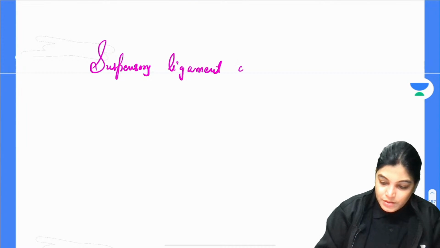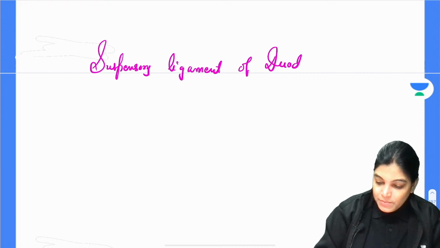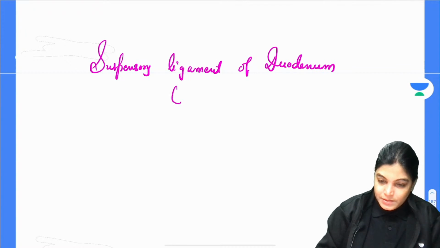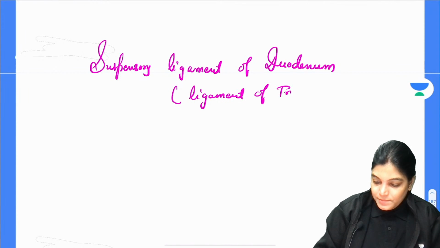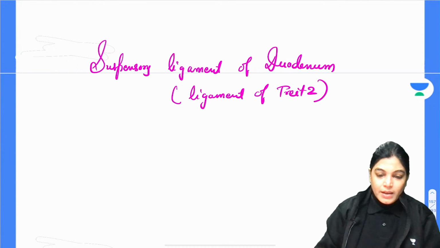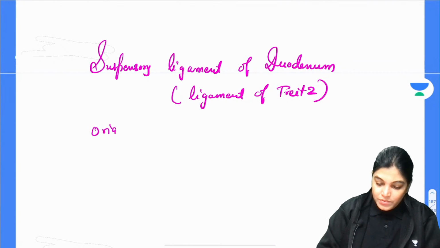So, suspensory ligament of duodenum. The other name is ligament of Treitz. Okay, so what is the origin of this structure?